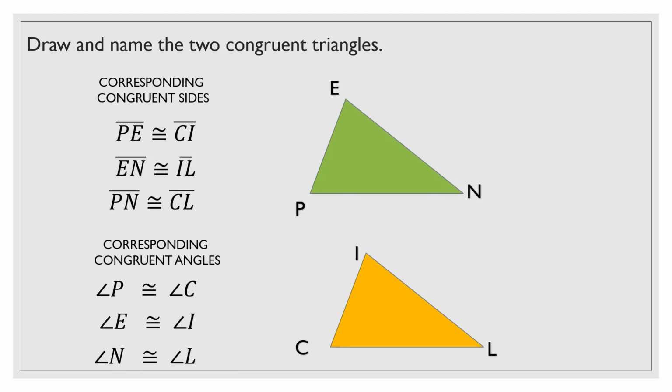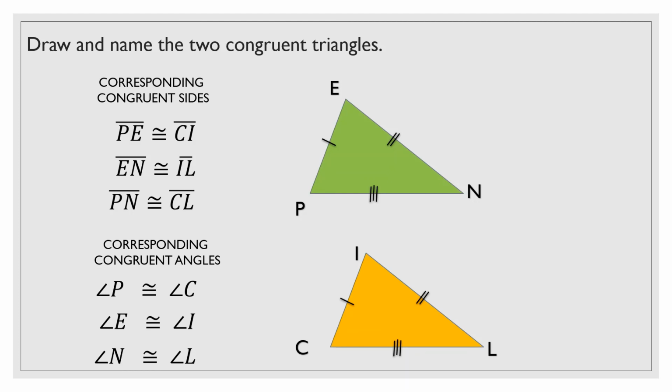Name it as triangle PEN and triangle CIL. So let us use tick marks to show the congruent parts. PE is congruent to CI, EN is congruent to IL, and PN is congruent to CL.